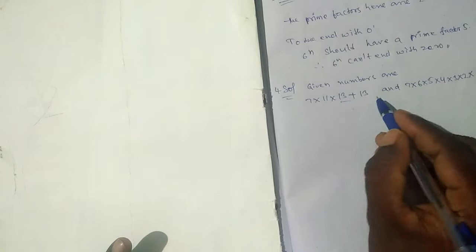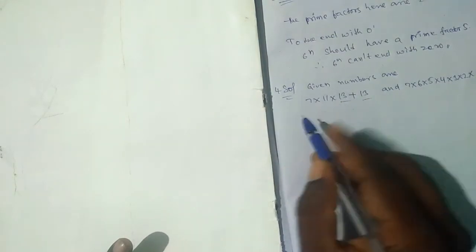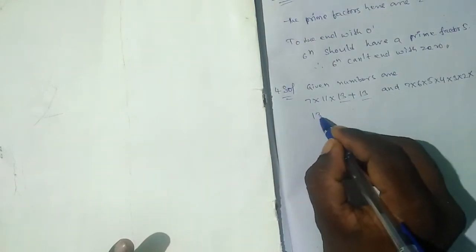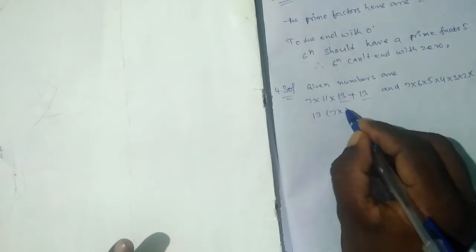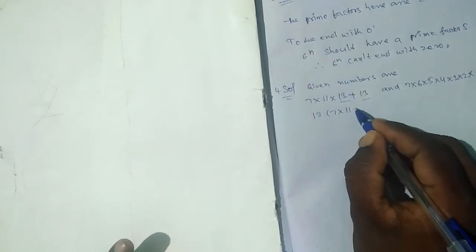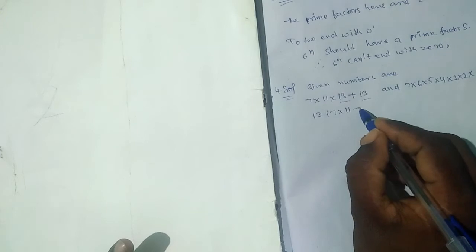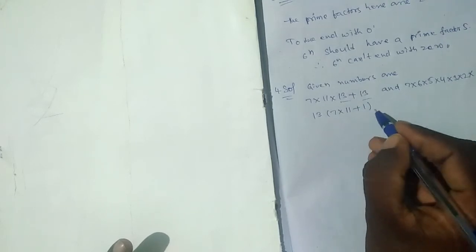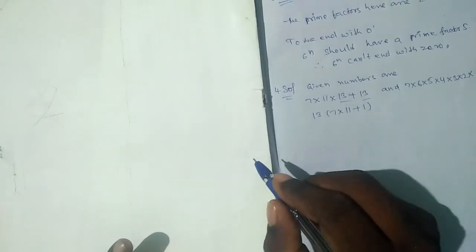In these two numbers, here you observe 13 and 13. You have to take it in common here: 7 into 11 plus 1. Why? Because I am taking out the common factor.